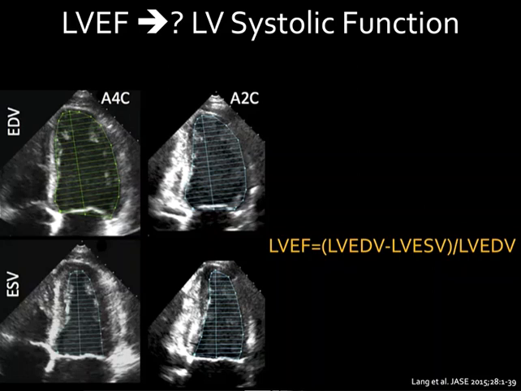So I just want to challenge this concept that just because you see the ejection fraction being normal or even vigorous, or low, it doesn't necessarily mean that this is a low output or a high output state. We'll discuss this a little bit further.